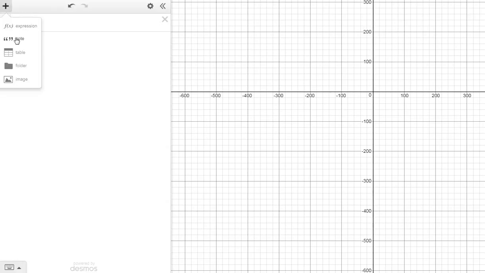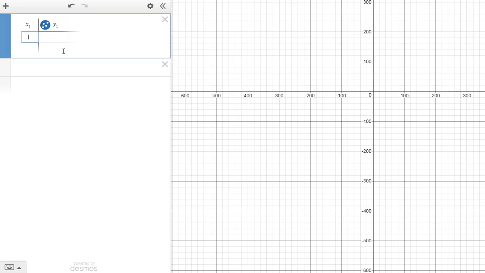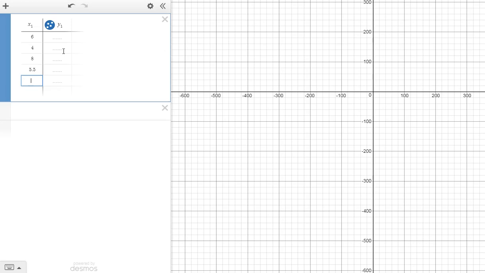Again, I'm going to go plus and enter a table. I enter my X values: 6, 4, 8, 5.5, 3, 7, 2.5.